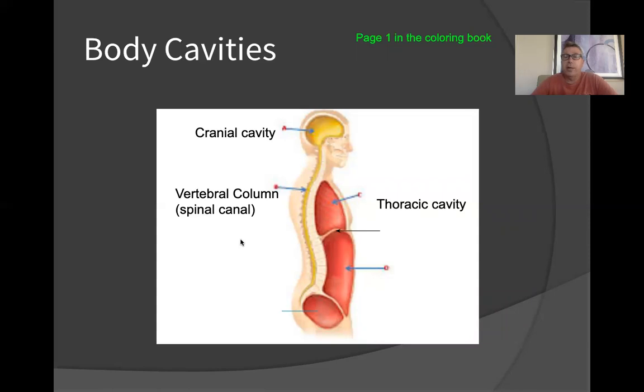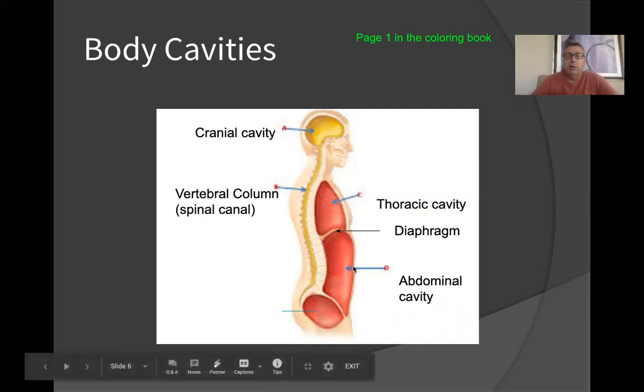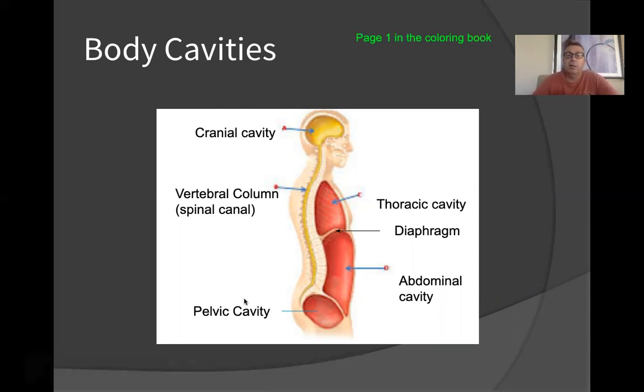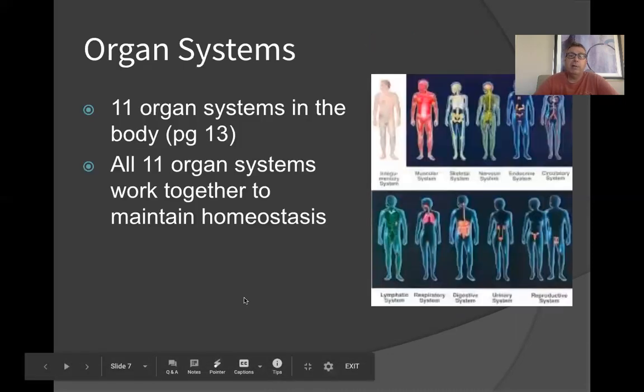Then we have the thoracic cavity, containing the heart and the lungs, and dividing the two cavities we have the diaphragm, a muscle that separates your thoracic cavity and your abdominal cavity. Your abdominal cavity contains all your digestive organs: stomach, liver, kidney, intestines, and so on. Then our pelvic cavity contains our reproductive organs. Those are the cavities that you need to memorize.